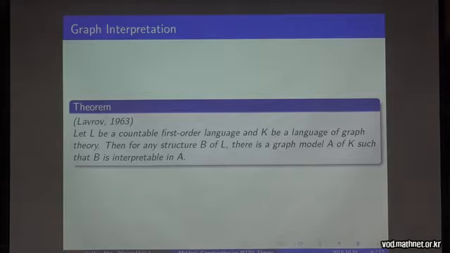The first example just talked about the interpretation of Q in Z, but this theorem tells us that any structure can be interpreted in some graph theory and vice versa. Let L be a countable first order language and K be the language of graph theory.